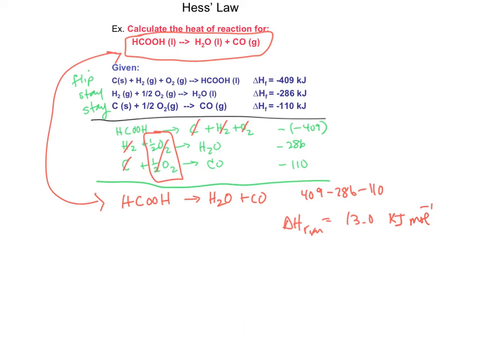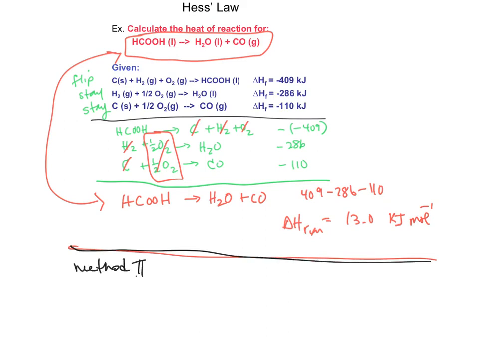All right, there is another way to do this problem. I'm just going to point it out quickly here. So we'll say method 2. Since these are all heats of formation, we can just take the heat of formation of the products minus the reactants and get the exact same answer.